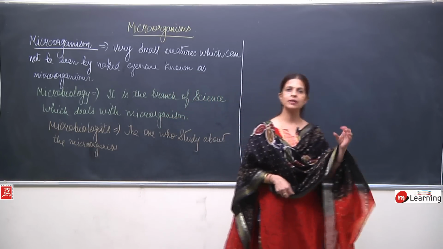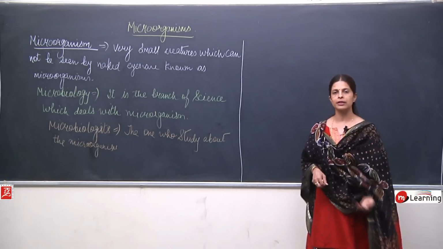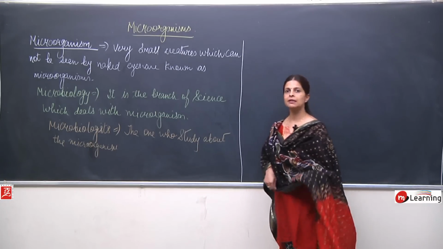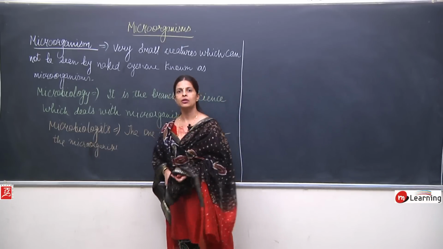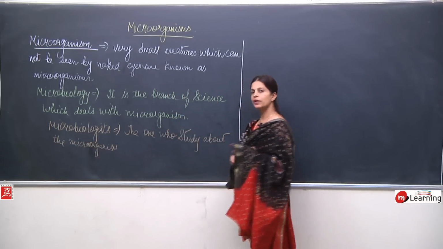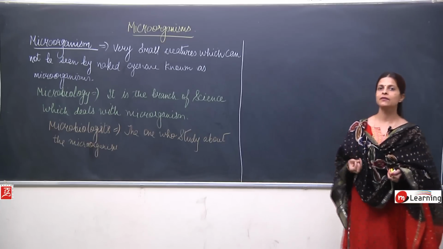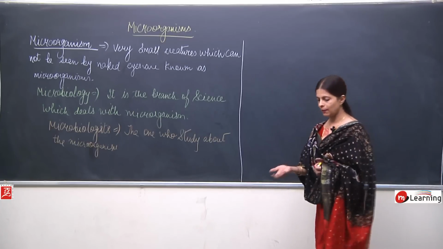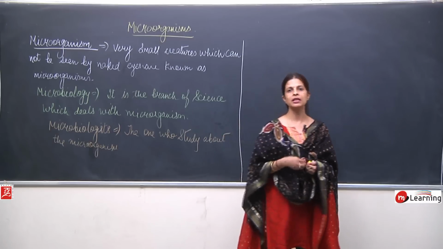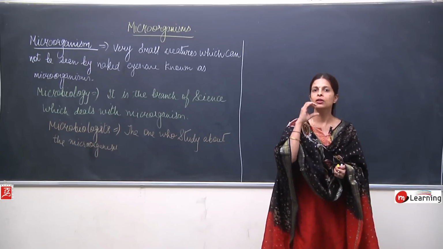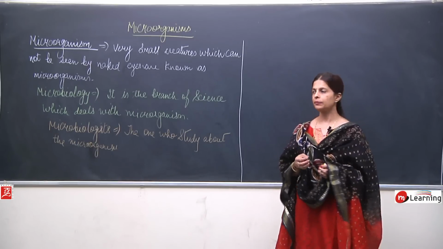There are certain organisms which cannot be seen by our naked eyes. Those organisms are known as microorganisms, because they are very small in size and we cannot see them.